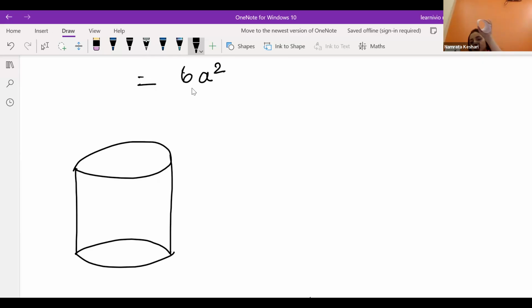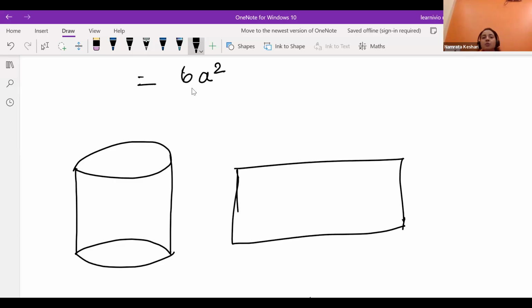So I want to say that a rectangle, we can give it the shape of a cylinder. If we have a rectangular sheet like this, then you can fold it and give it the shape of a cylinder. Now this looks like a hollow cylinder, right? Yes, ma'am.